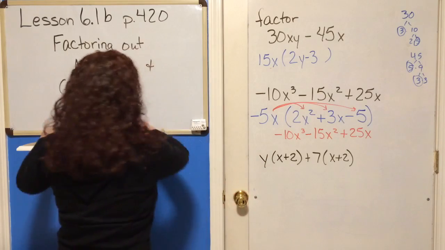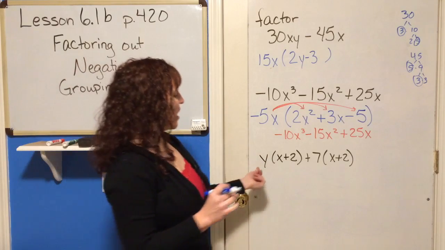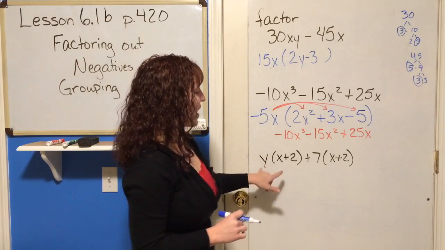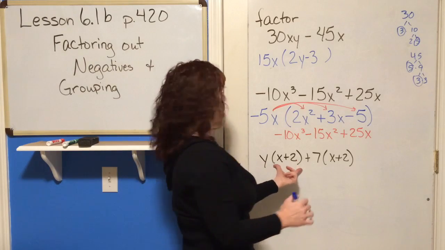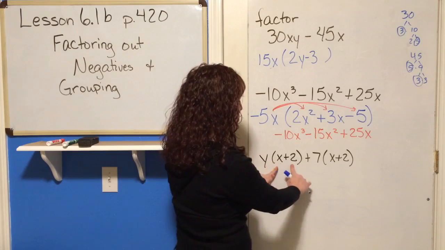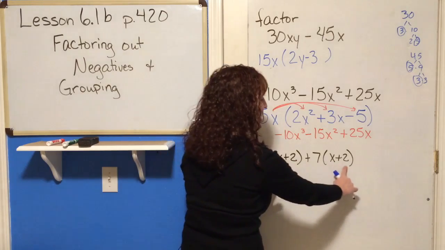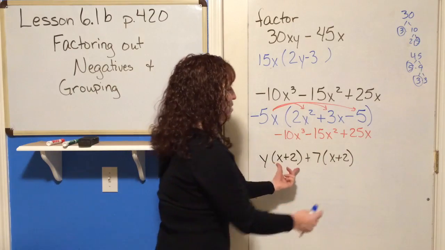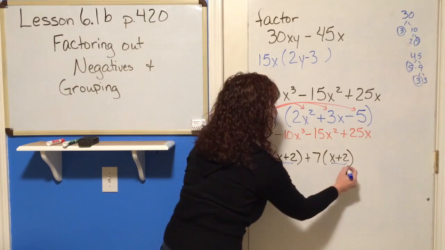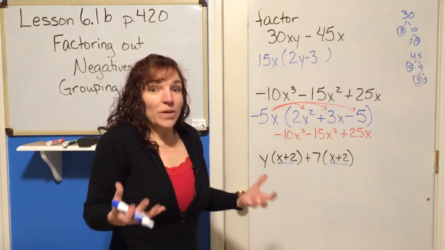This is fun. All right, so what happens if the number that you're multiplying by is actually a binomial, not just a number? So if we have x plus 2 times y and x plus 2 times 7, well, in that case, the x plus 2, if you'll notice, is the same. So it's in common.